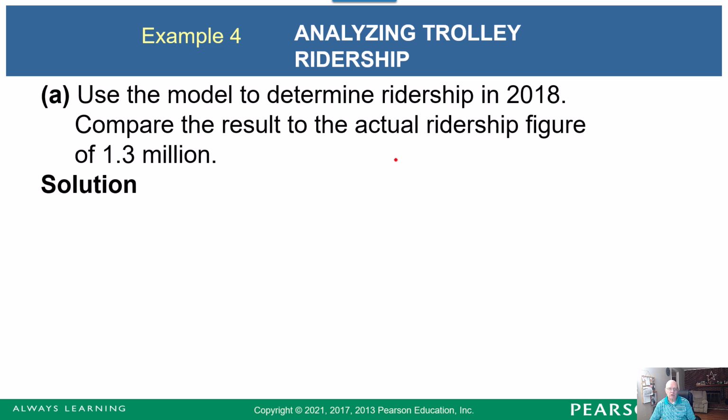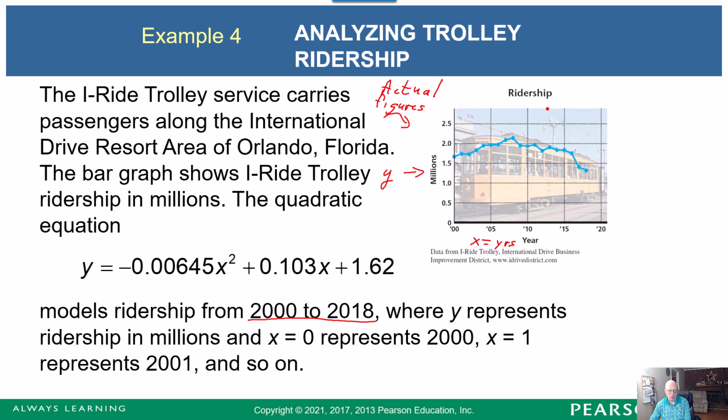So we'll use that model and determine the ridership in 2018. And we've got our formula back here. If we wanted 2018, since x represents how many years since 2000, we're going to put 18 in where the x's are.